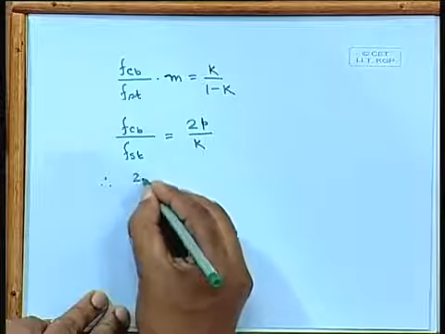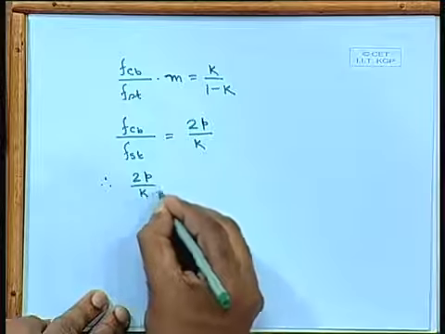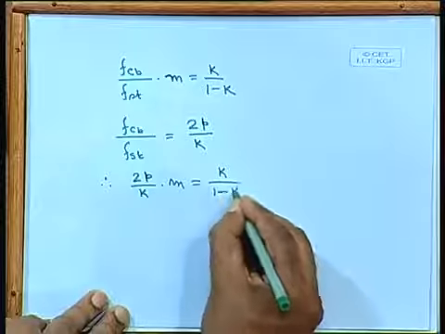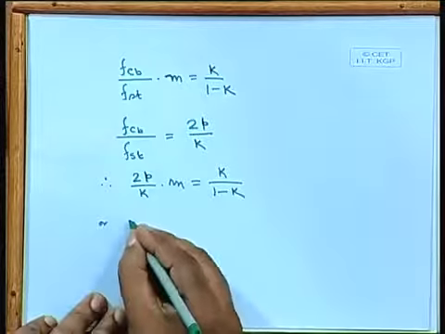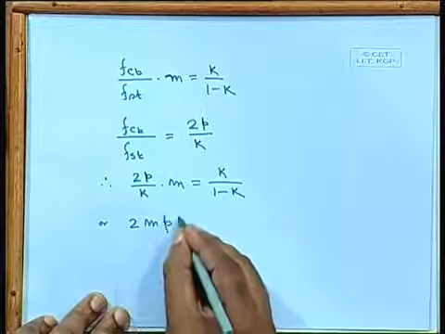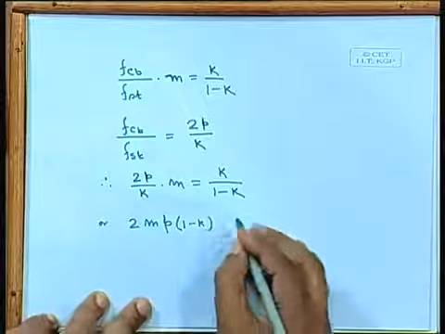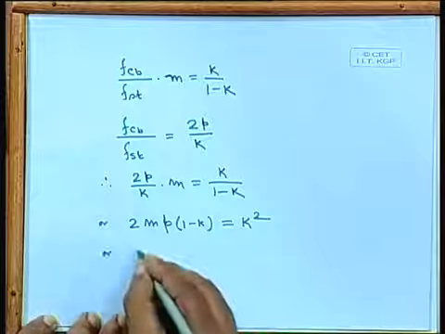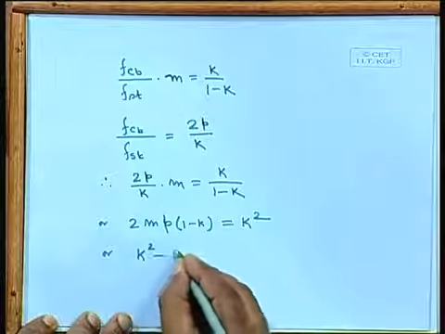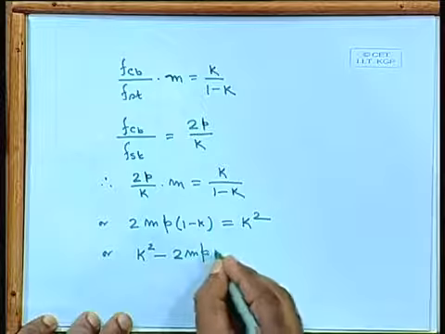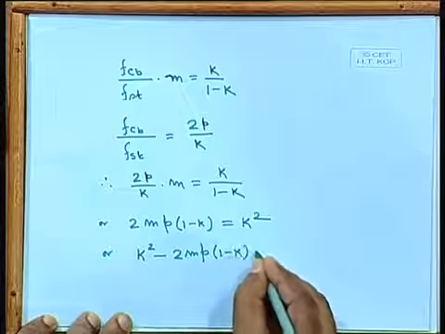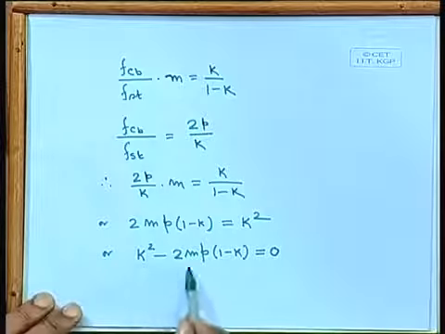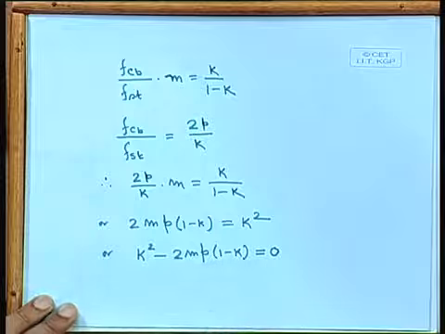Therefore, 2p by k multiplied by m equal to k by 1 minus k, or twice mp (1 minus k) equal to k square. So we can write down k square minus twice mp (1 minus k) equal to 0.